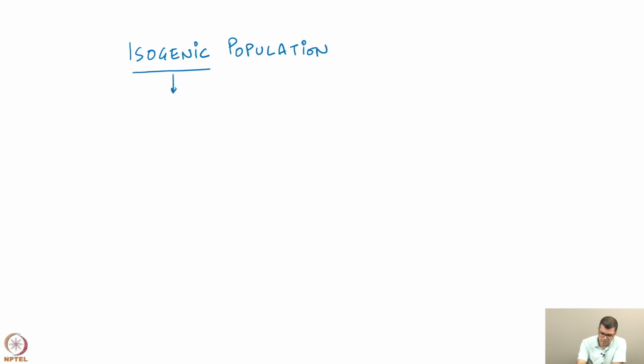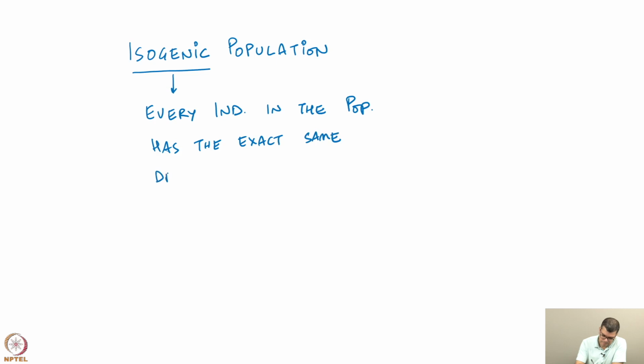Isogenic means that every individual in the population has the exact same DNA sequence.